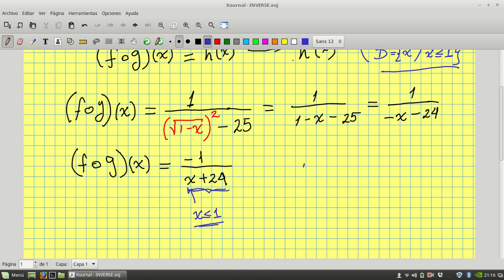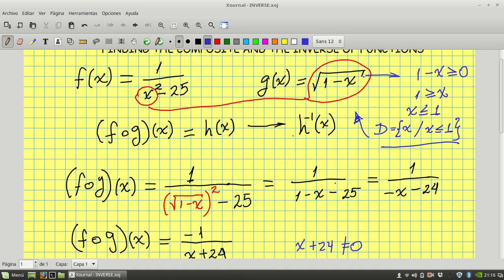So here the expression is 0 when x plus 24 is different than 0, it means that x is different than negative 24. And remember that here it means that we cannot use x equals negative 24.